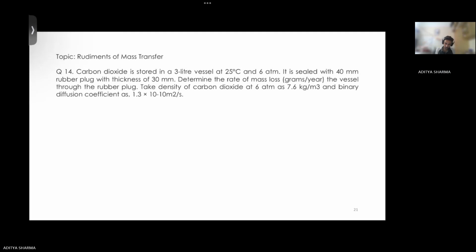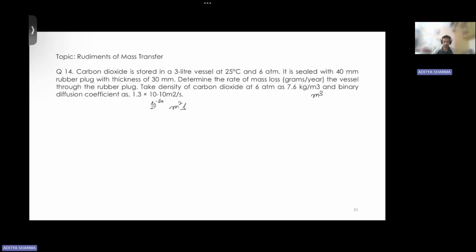This is 10 raised to the minus 10 and this is meter square per second. This is meter cube. Okay. So the question is on rudiments of mass transfer.